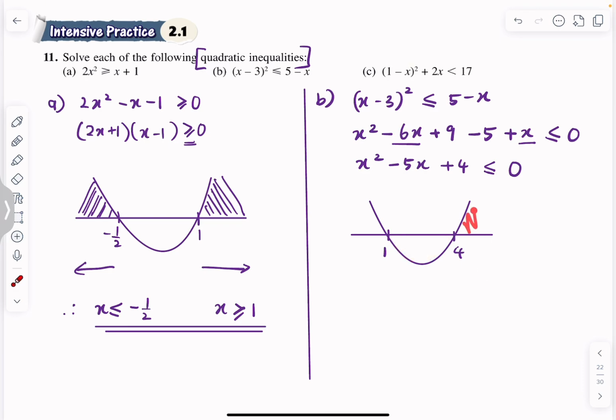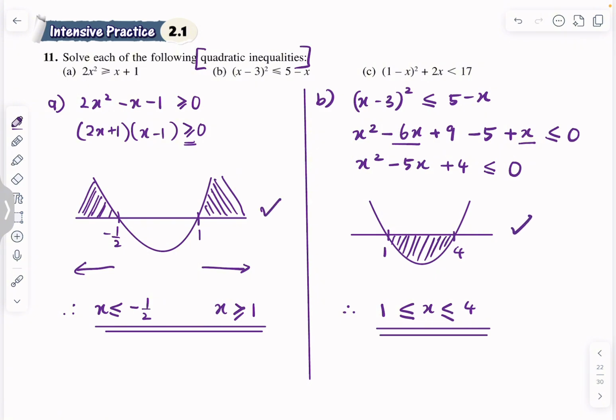If more than 0, here and here, like just now, like this one. But less than 0, so we shade this area. So our answer can be between 1 and 4. Okay, so our x will be between 1 and 4. But since here got equal sign, we must put equals. This is your answer. So every time you have quadratic inequality, you must draw this smiley face graph.